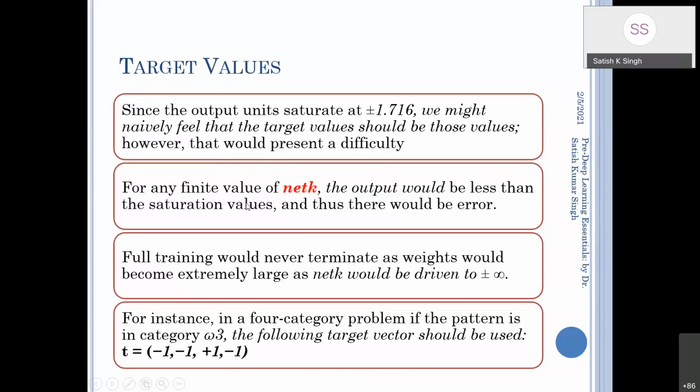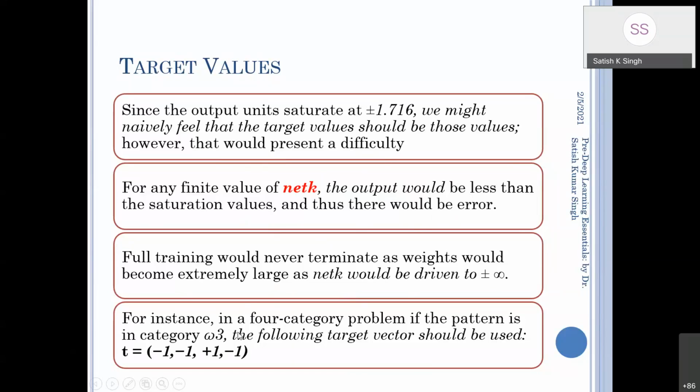For any finite value of net k, what is net k? W into x. The output would be less than the saturation value, and thus there would be error. So what is suggested? Full training would never terminate, as weights would become extremely large as net k would be driven to plus minus infinity. So this is a problem.